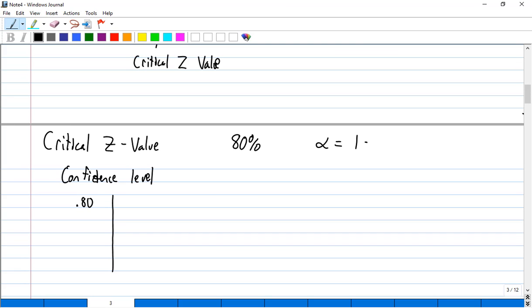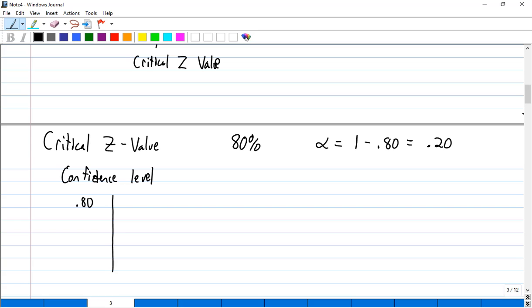So 1 minus 0.80 is what alpha is going to be equal to. All right, so what is 1 minus 0.8? 0.2.